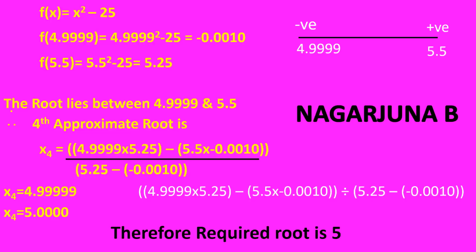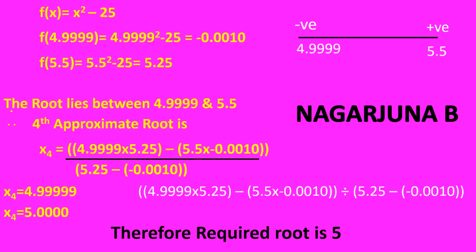The secant method is also called the regula falsi method. Method of false position, secant method and regula falsi method, all these are the same, and this is the procedure to find the root of a given equation. Whatever root we get will be an approximate root, whereas in this particular case we have got an exact root.